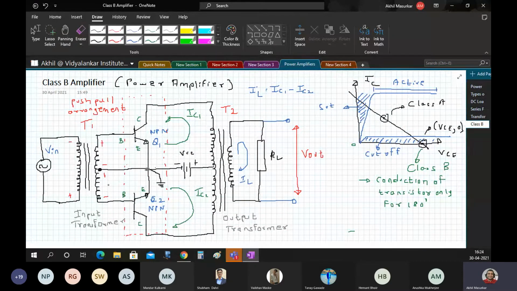This can be easily done by providing zero bias at the base of each transistor by connecting emitter and base together.